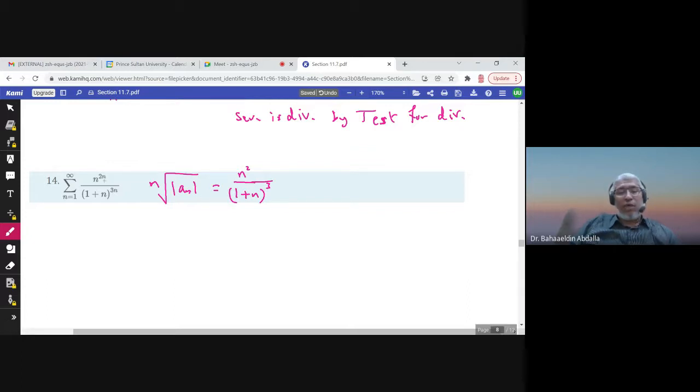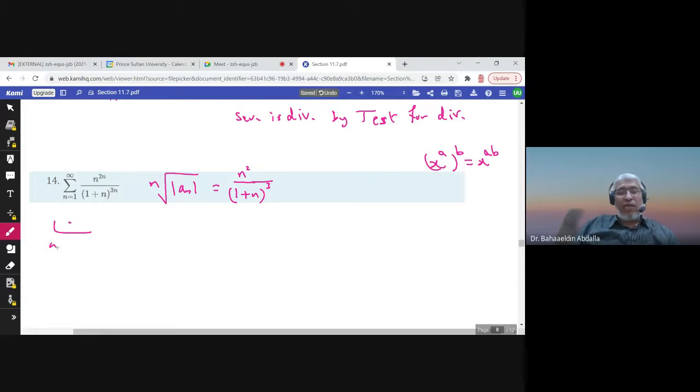Because I can write this as (n squared over 1 plus n cubed) all to the power n. Remember that x to the power a all to the power b is x to the power a times b.